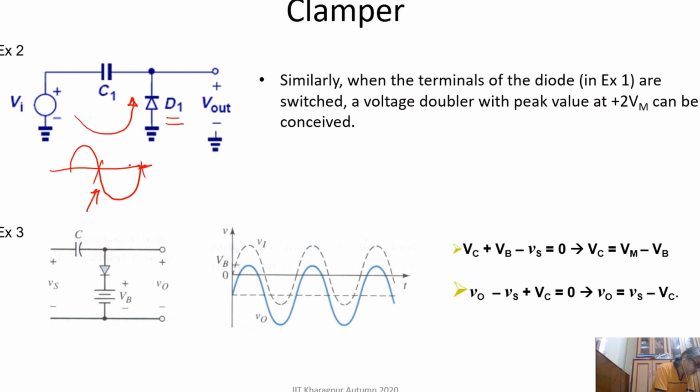The diode will remain on up to this point, and the capacitor will be charged to Vm. So this is your Vm or minus Vm, but here the polarity will be like this because the current is flowing this way.